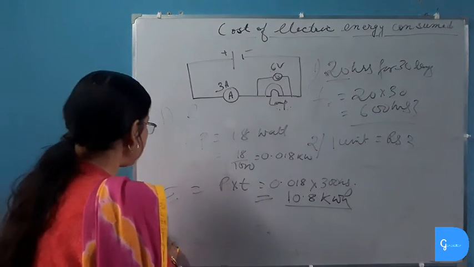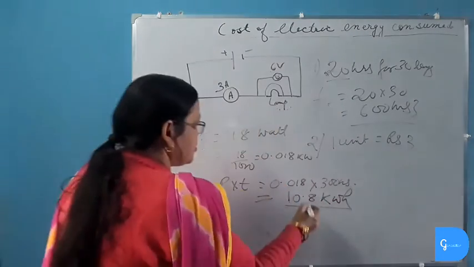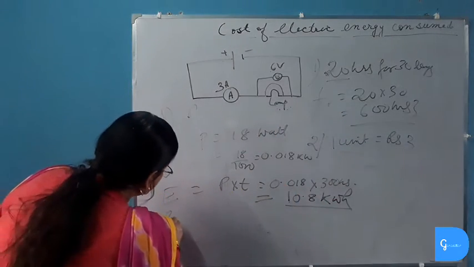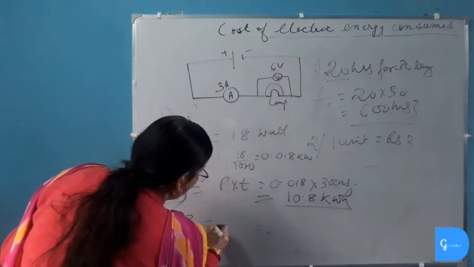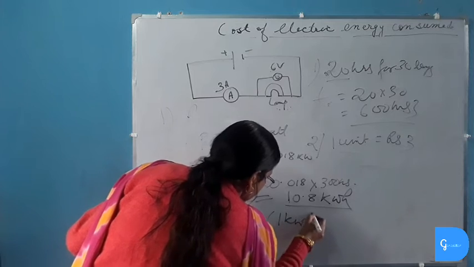Now we have to find the cost of this if 1 unit costs rupees 3. Rupees 3 is equal to 1 unit or 1 kilowatt hour.